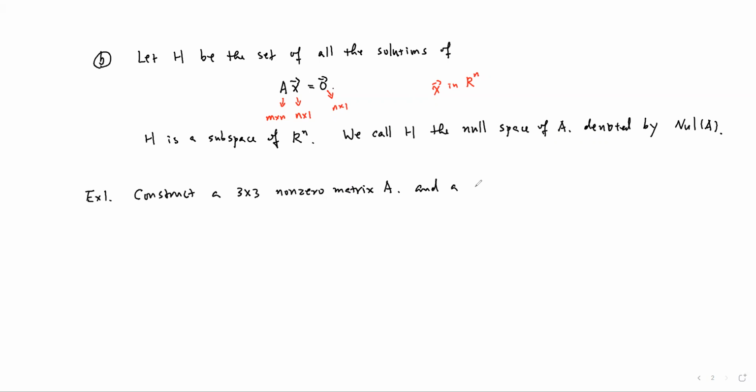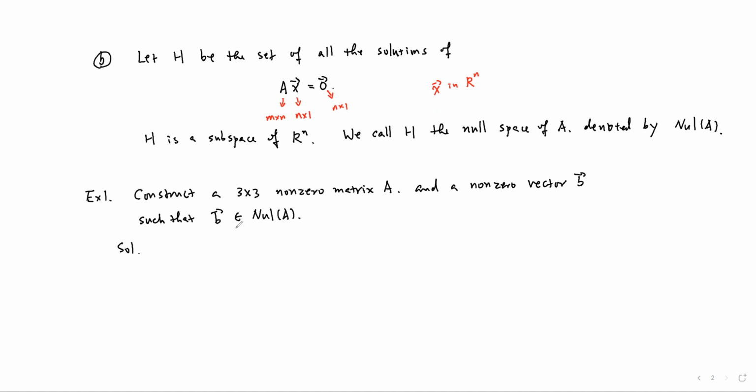And a non-zero vector b: when the vector has one non-zero entry, then the vector is a non-zero vector, such that b is in the null space of matrix A.